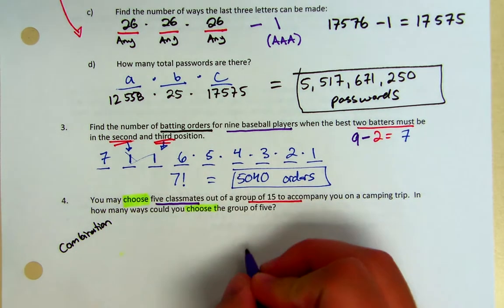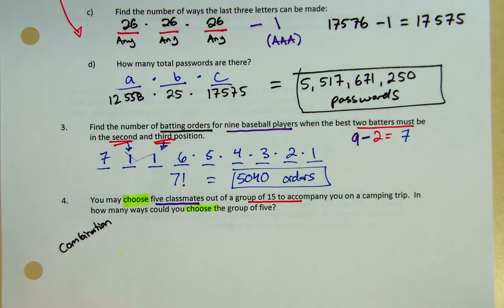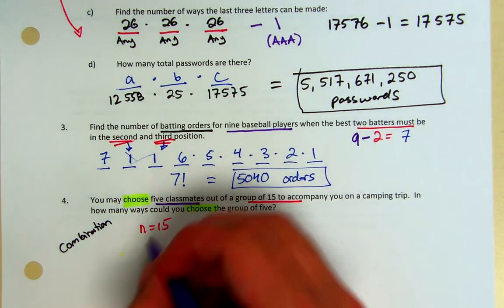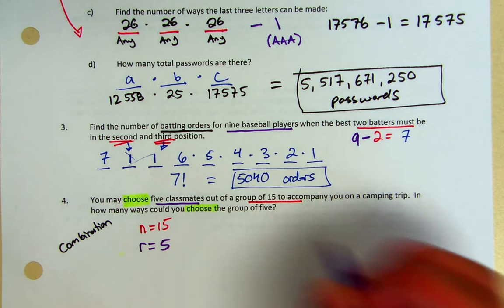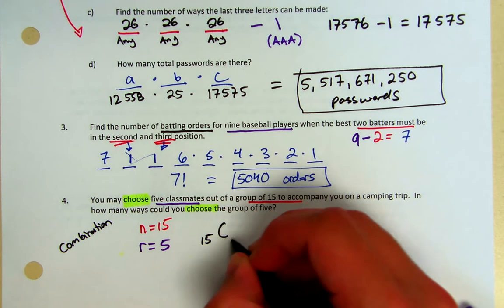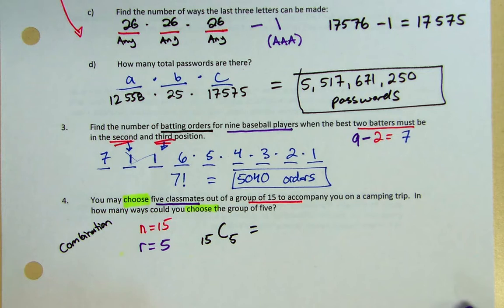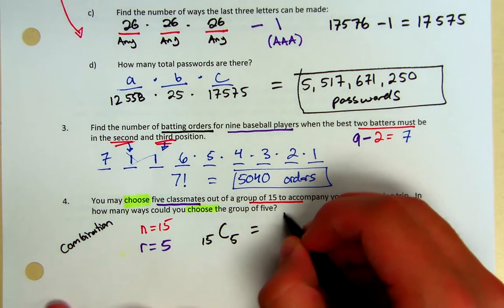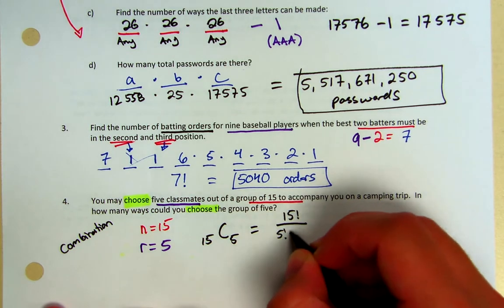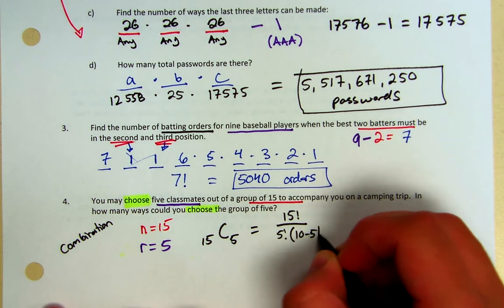I have 15, so n is 15. How many do I want? I want 5, so r is 5. Writing your combination: 15 choose 5. Again, you can put that in your calculator, or use factorials: 15 factorial over 5 factorial times (15 minus 5) factorial.